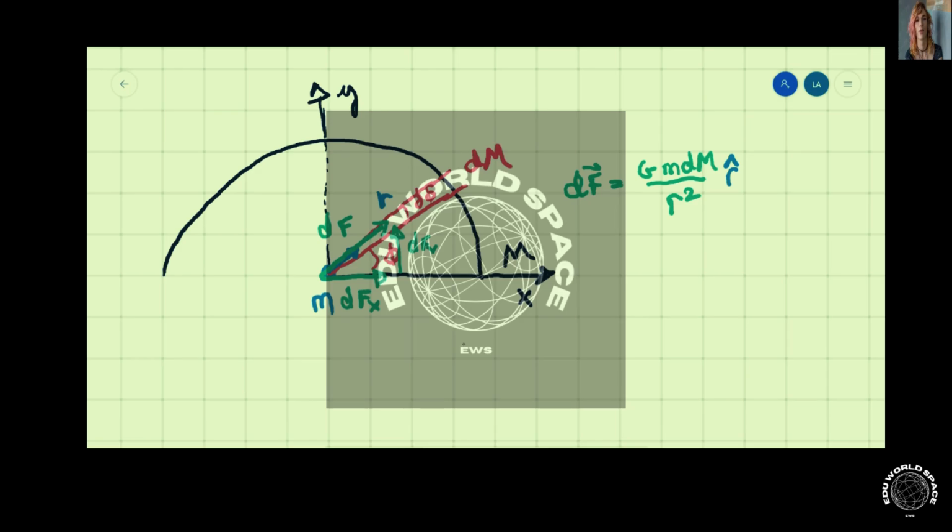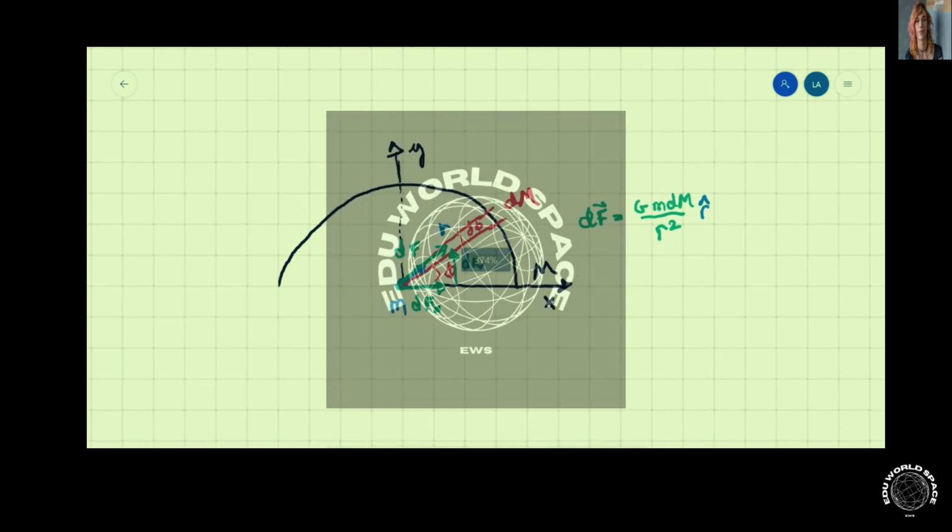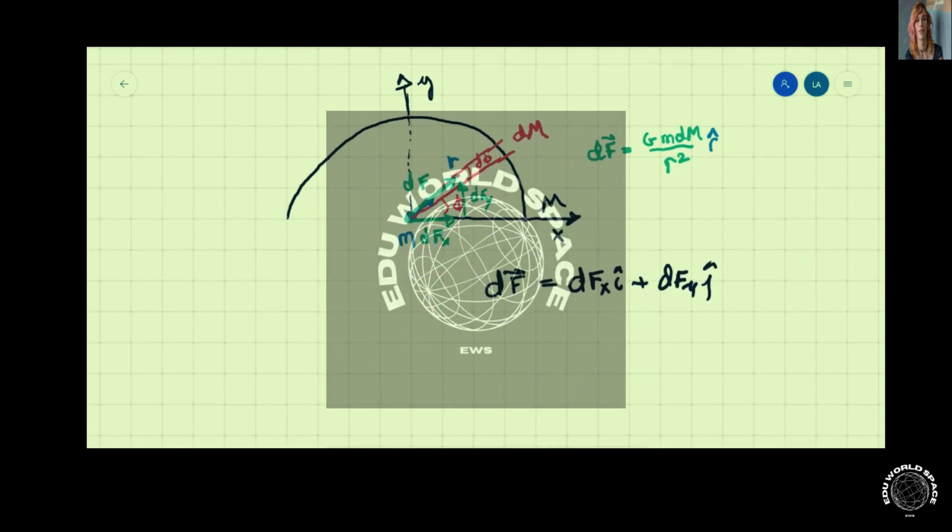So we can write dF equals dFx i plus dFy j. And the total force due to all of these little differential elements will be given by the integral of these. So you just integrate.